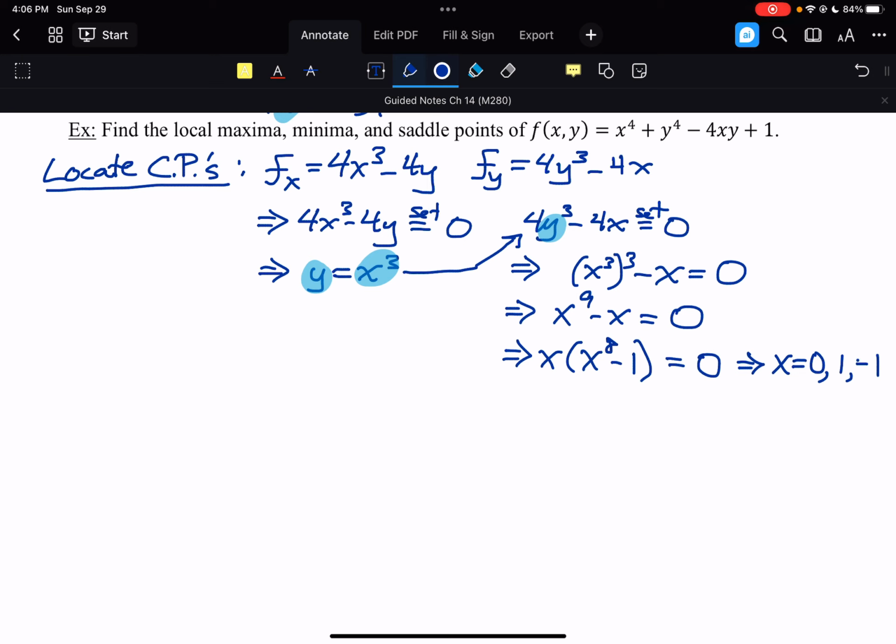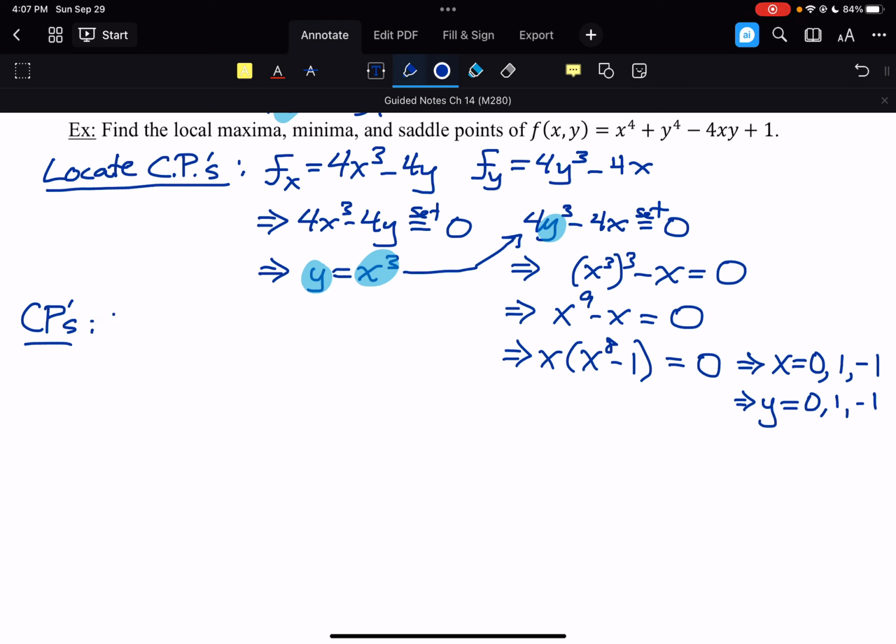So these are our x values. The y values that go along with those, just cube them. So that's 0, 1, and negative 1. That tracks, right? They're all the same value, because when you cube 0, 1, and negative 1, they just stay the same.